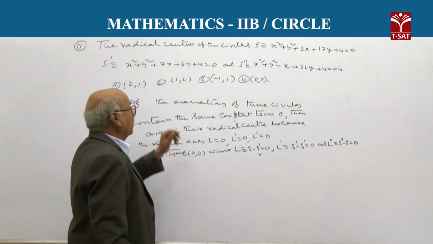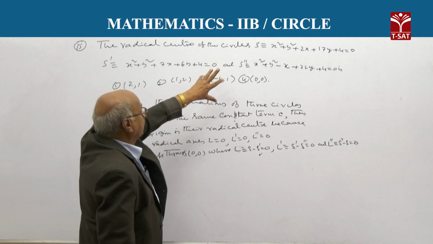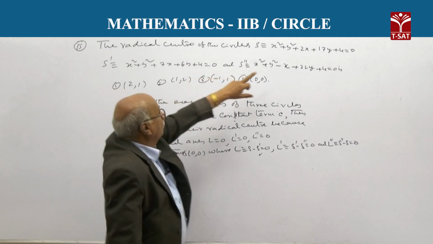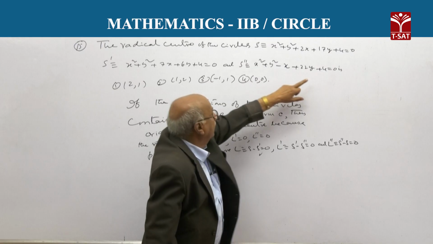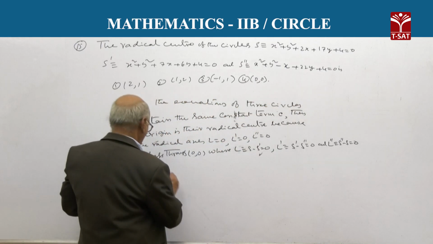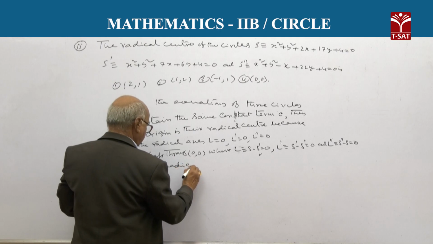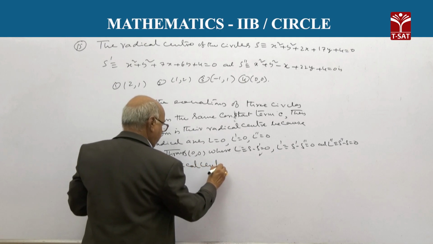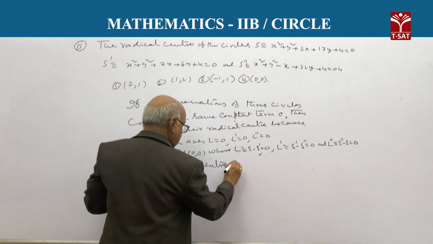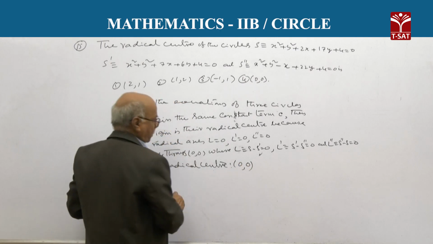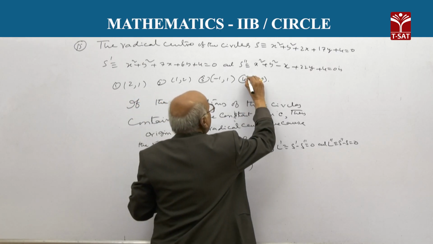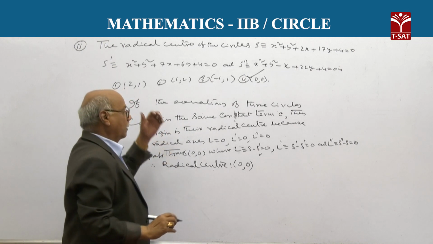Okay, so here in all three equations, the constant term is 4, 4 and 4. So therefore the radical center is 0, 0, the origin. So the correct option is option number 4.